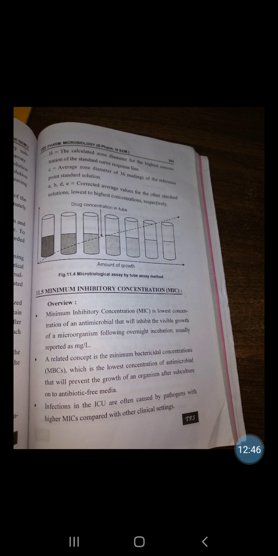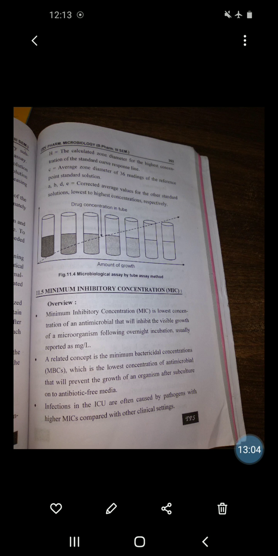The minimum inhibitory concentration is the lowest concentration of antimicrobial that will inhibit the visible growth of a microorganism following overnight incubation, usually reported in milligrams per liter.